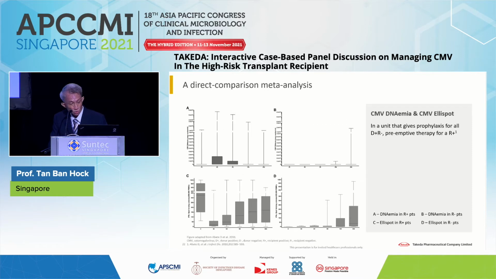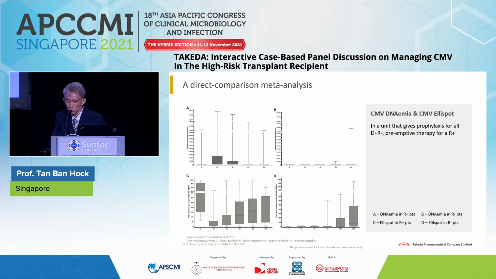And why is that so? I think this was demonstrated some time ago. These authors used CMV ELISpot assay, right? So they gave prophylaxis to all their D+ R- patients and preemptive therapy for all R+ patients.